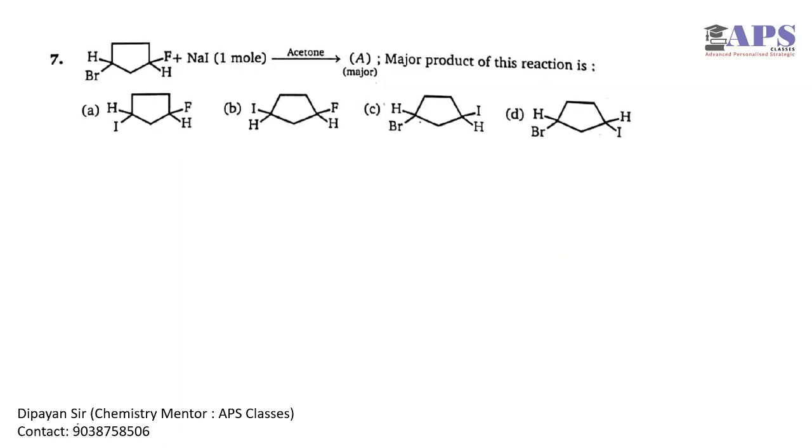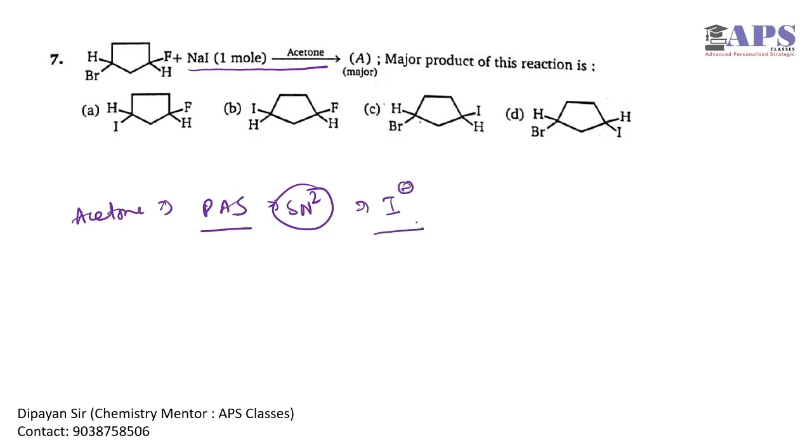The next question, question number 7, acetone and NaI. So acetone and NaI together will give an SN2 kind of situation, because acetone is a polar aprotic solvent. In polar aprotic solvent, SN2 reaction is favored, and the nucleophile present over here is iodide.